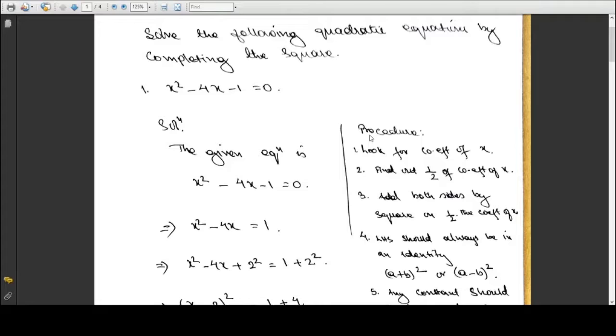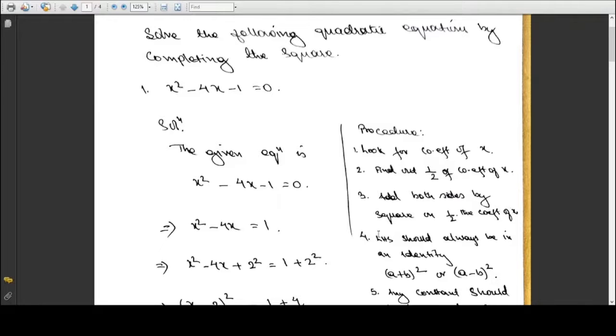That means by completing the square. The procedure here I've written for you. The first step, look for the coefficient of x. Find half of the coefficient of x, and then the third step, add the square of half of the coefficient of x to both sides.